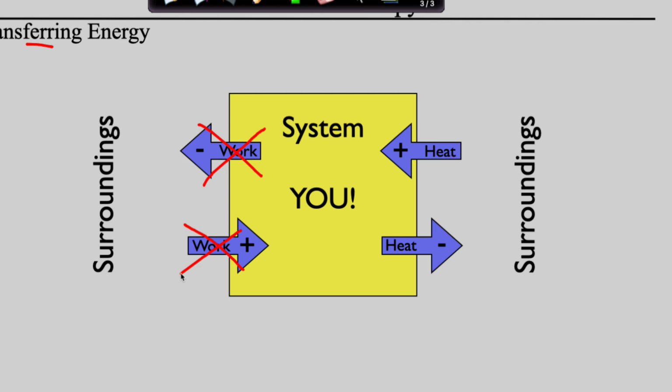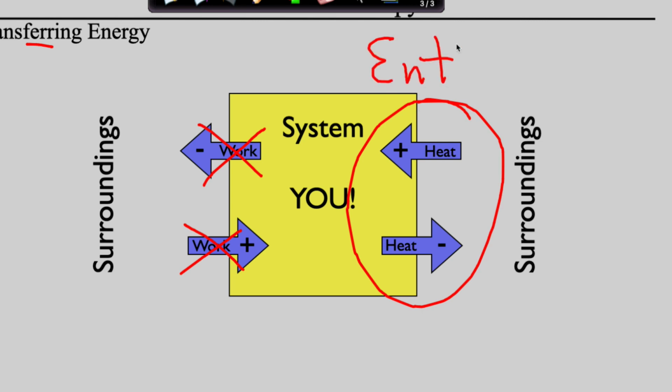And guys, if you've got a process that can't do work, then what's the only way that the energy of the system can gain or lose if it's not work? Heat. It's heat. But we give it a new name. Guys, that's all enthalpy is. What? That's it. It's just the transfer of energy through heat. So guys, all enthalpy is the exchange of energy through heat when you can't do work.